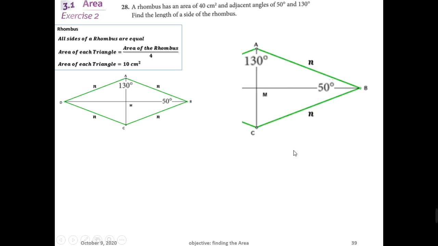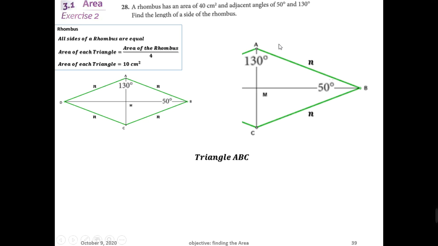There is a general formula for finding the area of a triangle, which states: half times side 1 times side 2 times sine of the angle between the two sides.